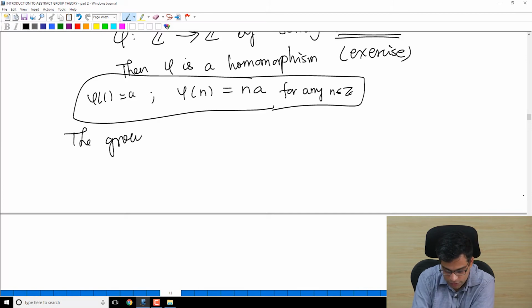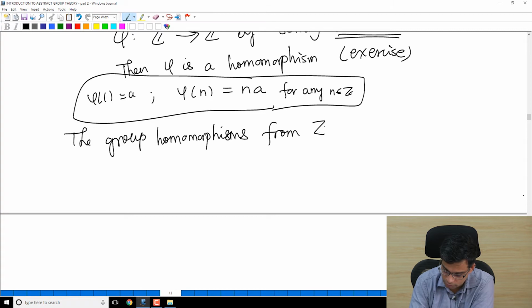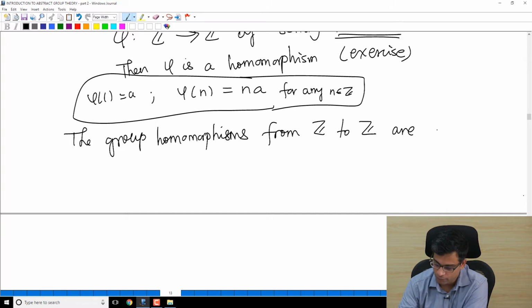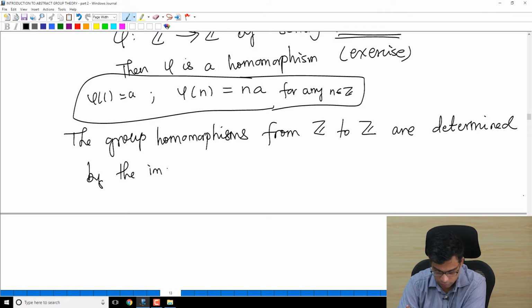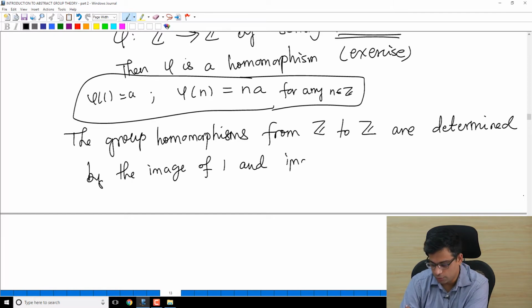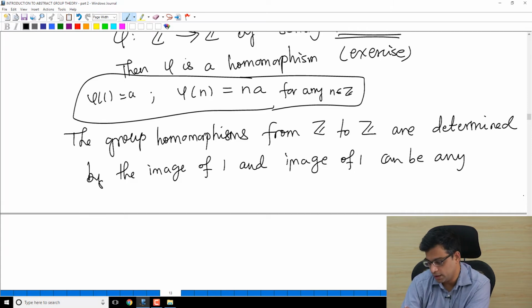The group homomorphisms are determined by phi of 1, let's say, the image of 1, and the image of 1 can be any integer.